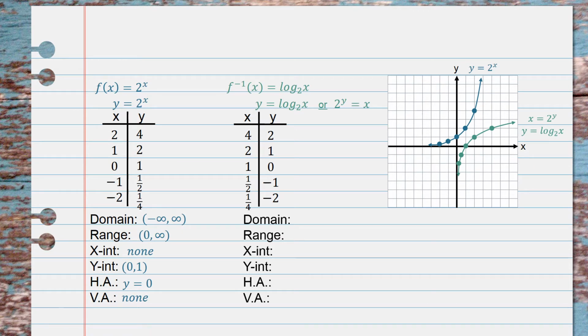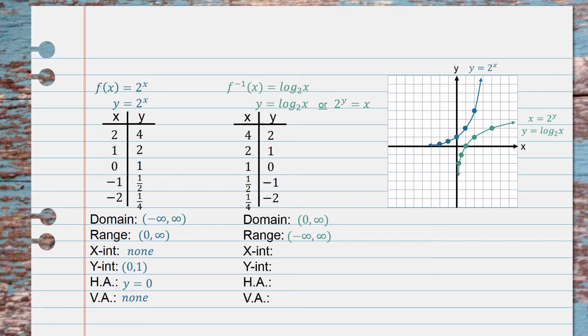Well, notice the domain only goes from 0 to infinity, and we do not include 0, so it must have a parenthesis. Next, we look at the range. The range goes from all the way to the bottom, the lowest, up to the highest, so it is negative infinity to positive infinity.